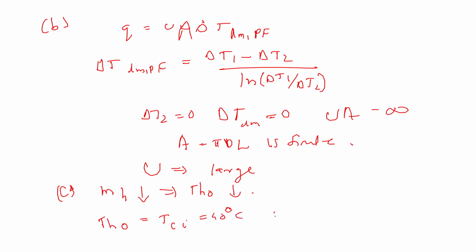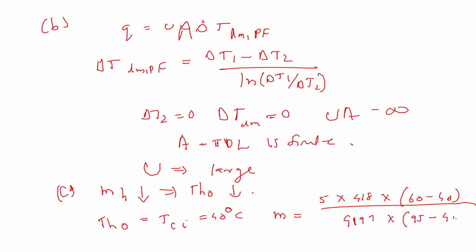From that you have to calculate the mass. So mass will be 5 times 418 times (60 minus 40) divided by 4197 times (95 minus 40). So it will be 1.81 kilogram.